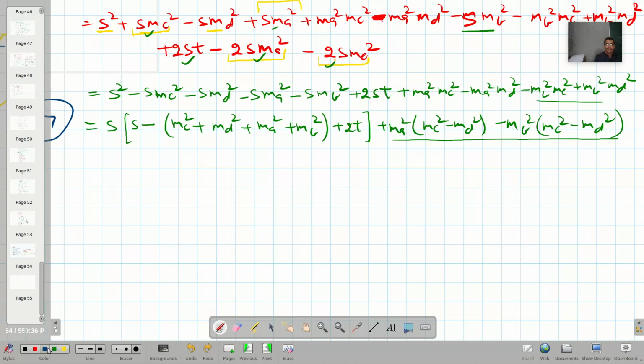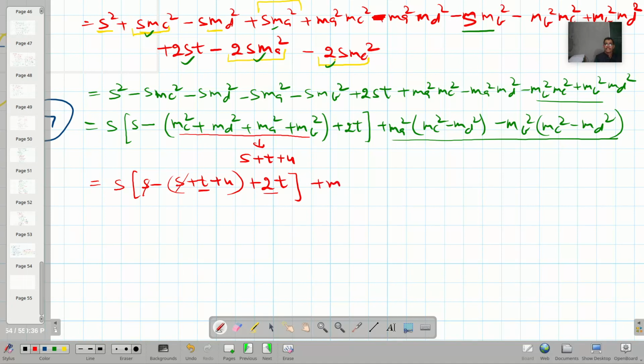So therefore this is equal to, and m_c square, m_d square, m_a, it is s plus t plus u, so here it is s into s minus s plus t plus u plus 2t, so this s will cancel out with it and this will cancel this one t because it is negative, so it is t minus u, and here it is m_a square minus m_b square into m_c square into m_d square.